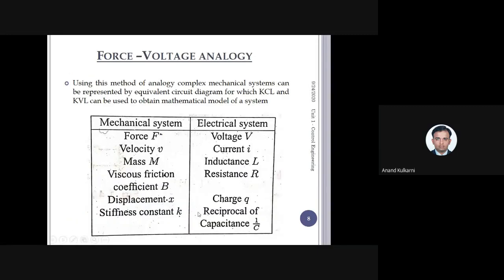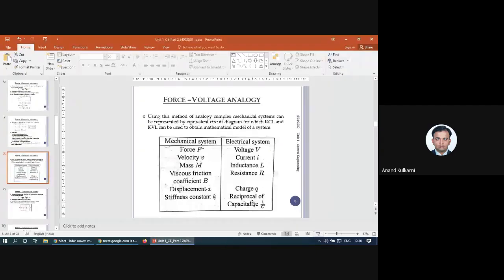And stiffness K is reciprocal of C. Now see here, in this case, force is the input, velocity, or current, is the output.